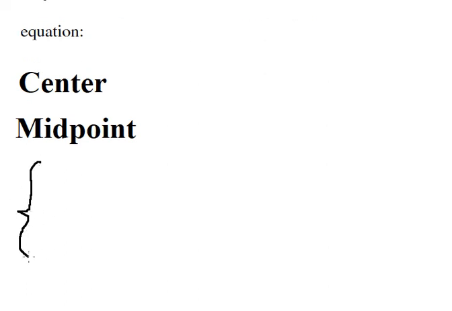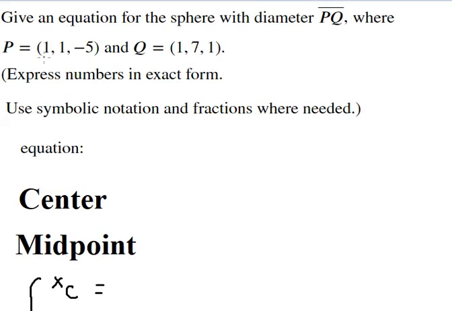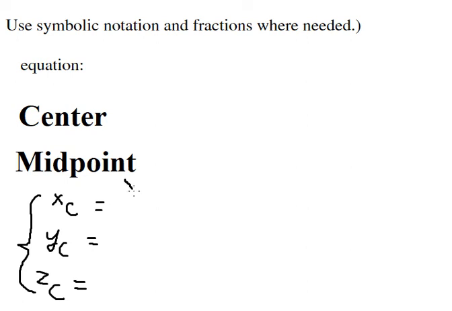So I will put XC, YC, and ZC. That should be (XB plus XQ) over 2. Now we can go to YC and ZC.